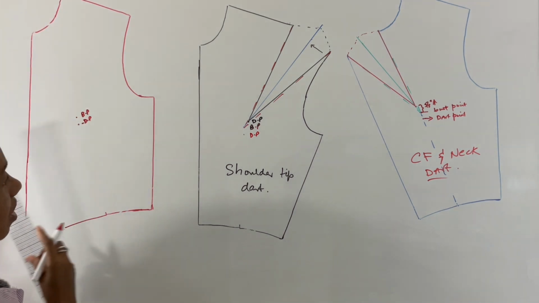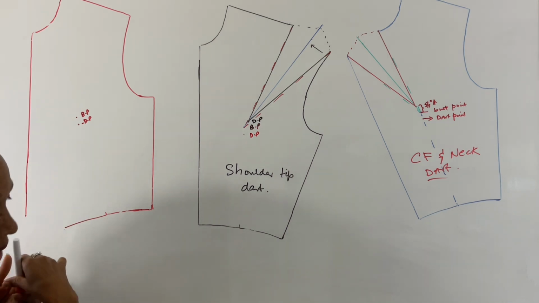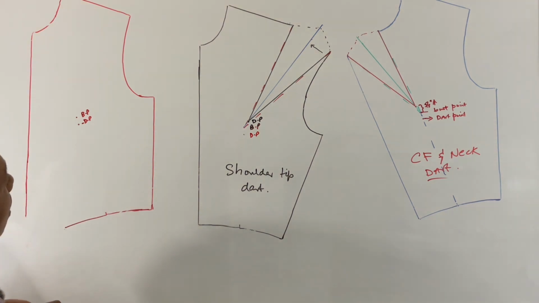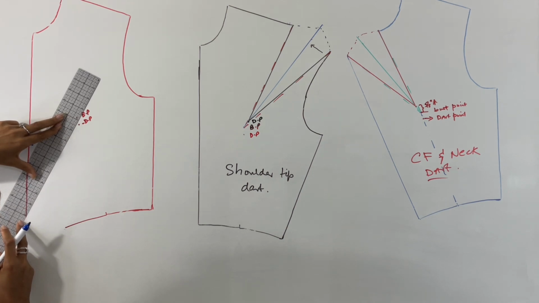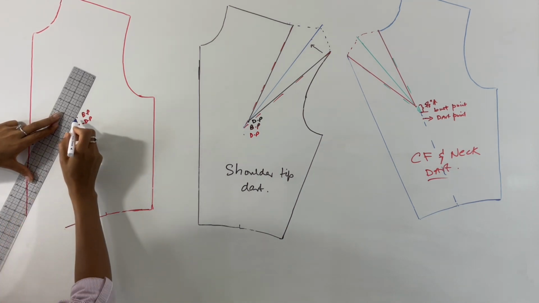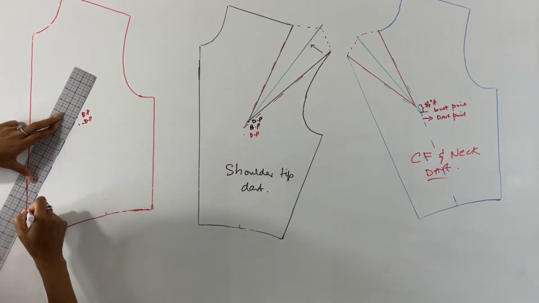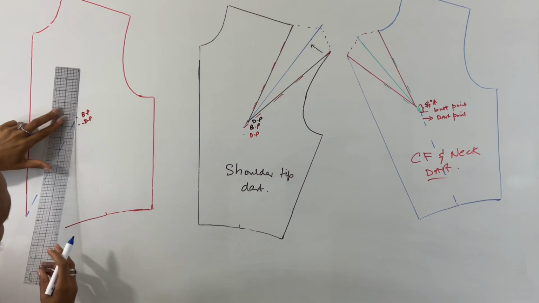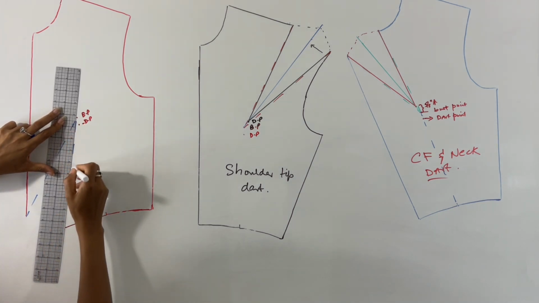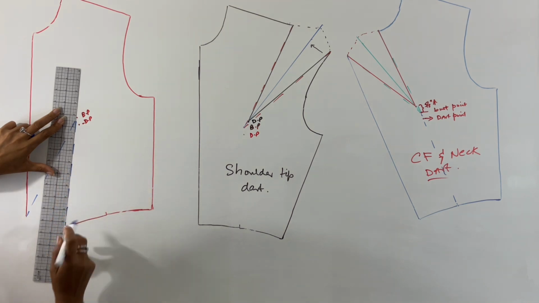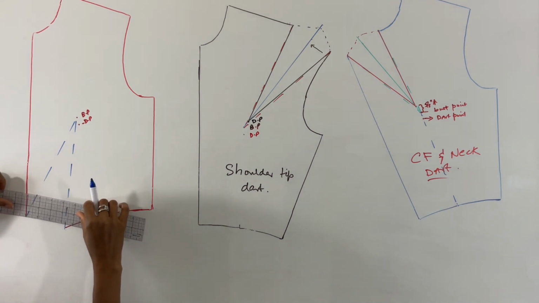So from that, now I'm going to create dash lines from the bust point that connect to the center front waist. So I'm going to do my dash line now. Once you have that, you're going to do the same thing on this side. And then you need to find your center line for your dart.